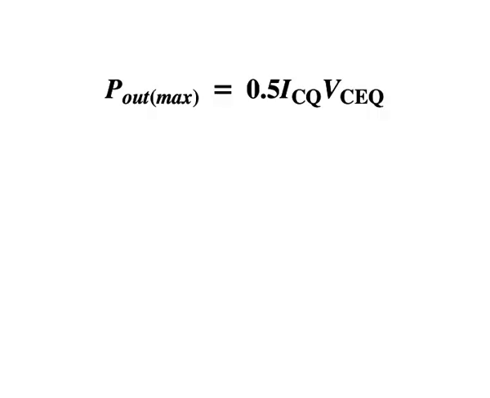Efficiency. The efficiency of any amplifier is the ratio of the output signal power supplied to a load to the total power from the DC supply. The maximum output signal power that can be obtained is given by this equation, where Pout maximum is equal to 0.5 ICQ times VCEQ. The average power supply current ICC is equal to ICQ and the supply voltage is at least 2 VCEQ.